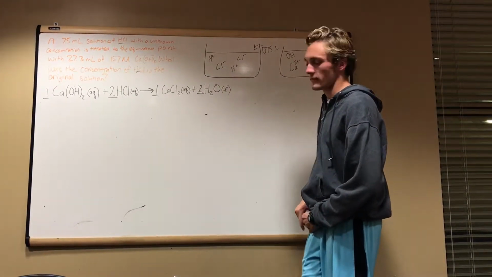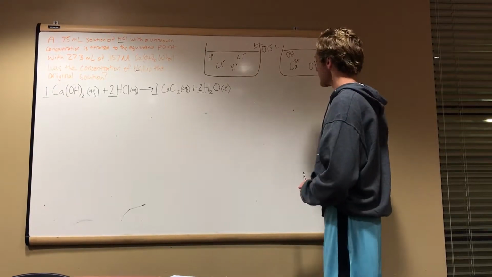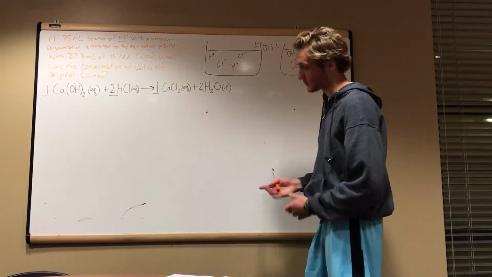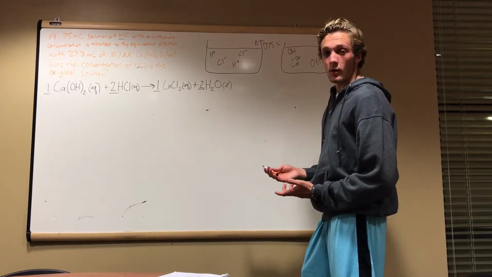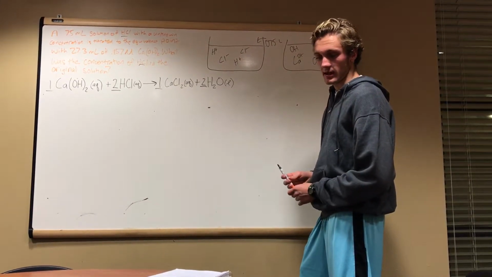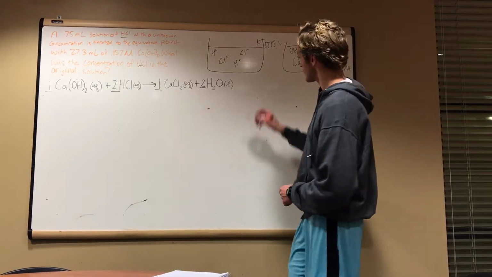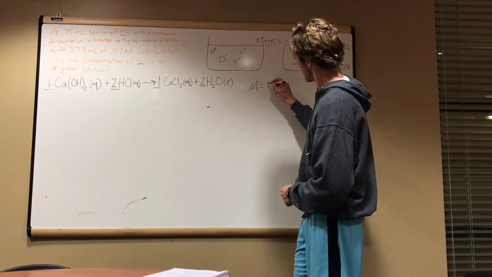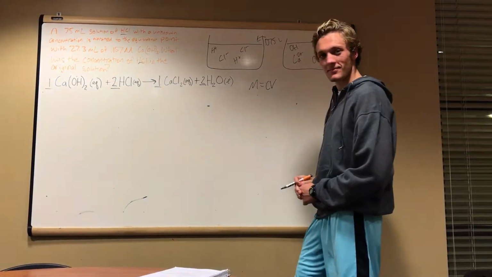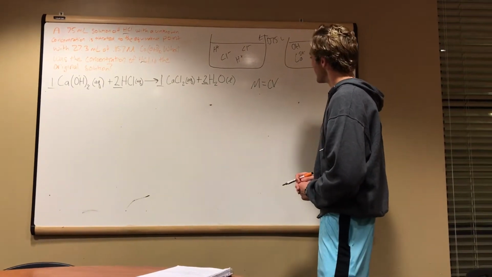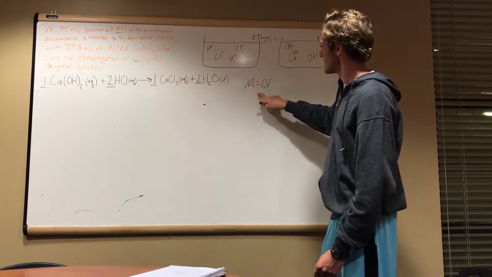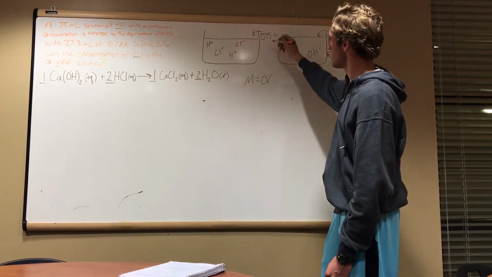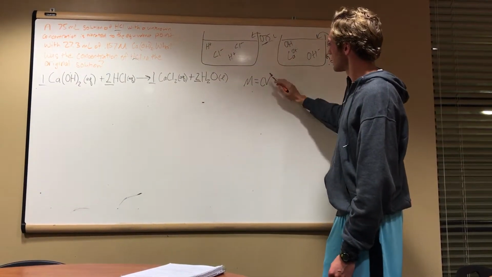In order to do that, we're going to need to use the equation moles equals concentration times volume, which looks a little something like this. This is our goal, to use this in the end. And we already have volume, which goes into here.